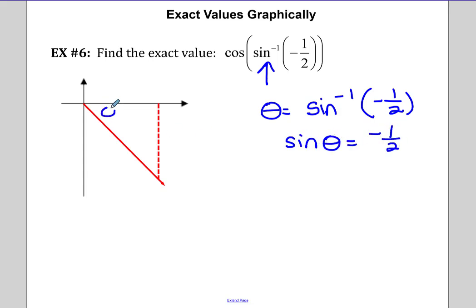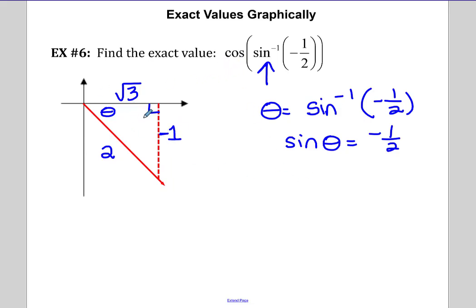Can you draw that triangle? Sine is opposite over hypotenuse. This would be negative, and that side would have to be radical 3, since the Pythagorean theorem would have the square root of 4 minus 1. That would be radical 3.